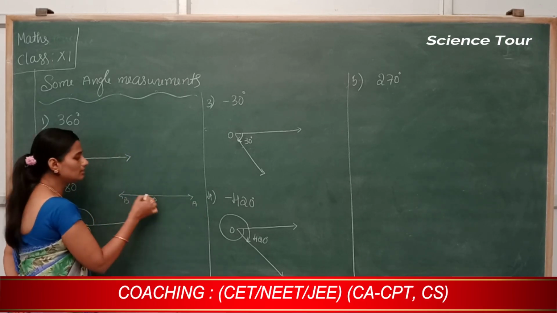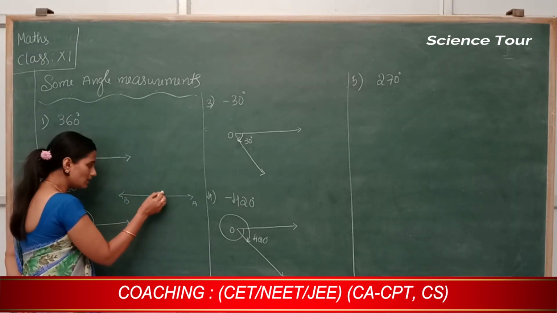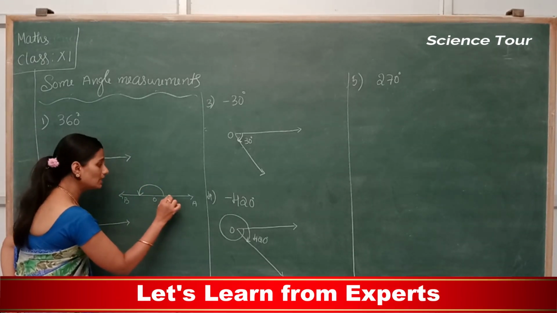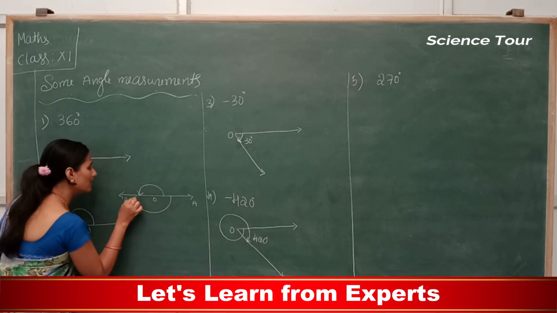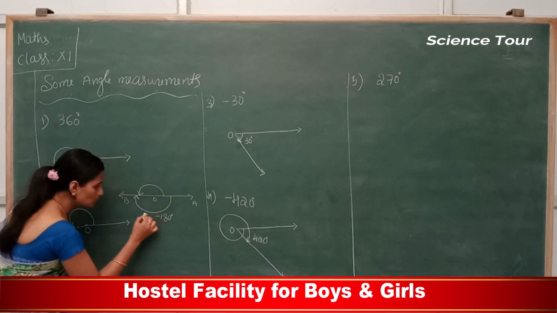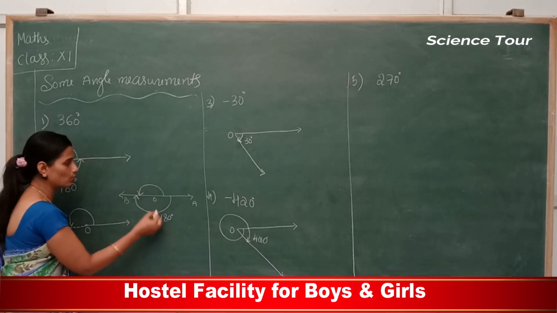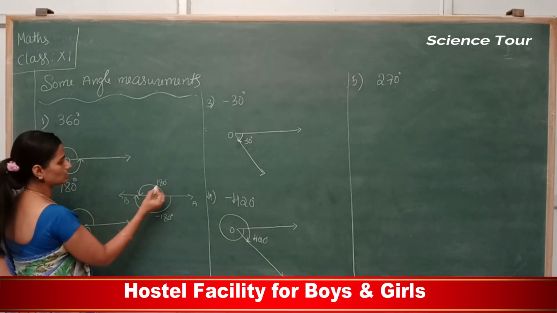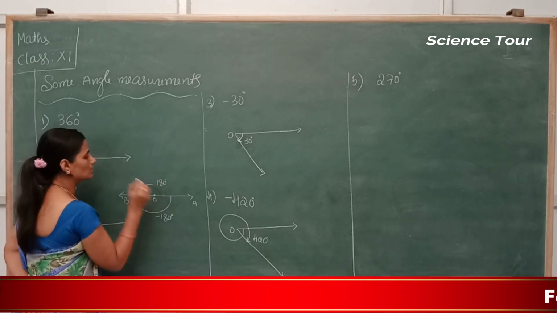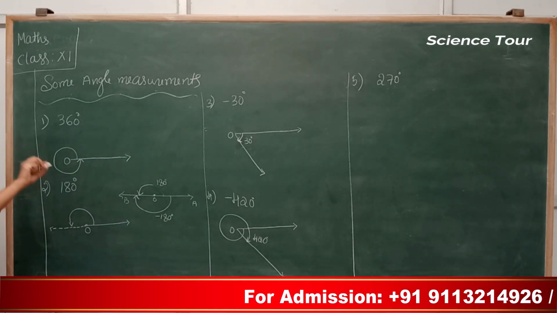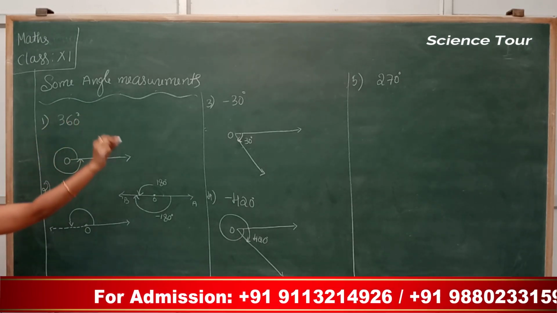So I am here marking the direction. So this is positive 180. If it is minus 180, how to mark? This is minus 180, because it is clockwise direction. This is plus 180 degree, positive direction. So it is the initial point. Clear? Only to show the positive and negative angle I am showing this one.